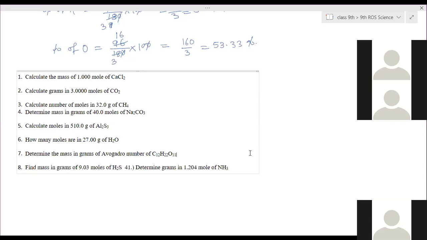Ma'am, can we express the answer in kilograms? 1.26 kilograms. Which one? Ma'am, 1C. Yeah, 1.26 kilograms. But better keep it in grams only. Okay, ma'am.